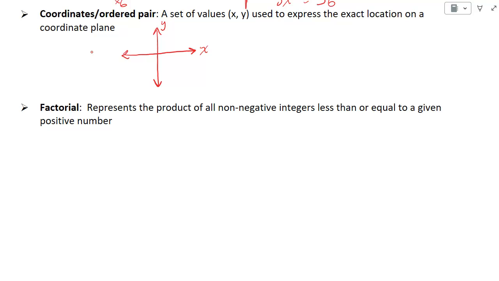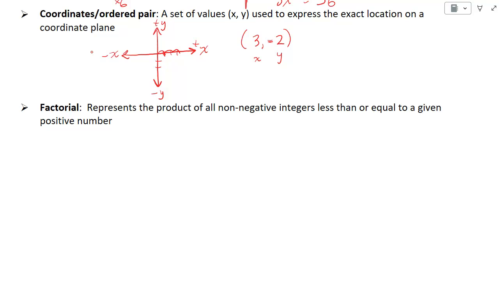Again, positive or negative will tell you if you're moving up or down. So it's all about direction here. So positive x and positive y are going to be right and up, respectively. A negative x value and a negative y value are going to be left and down, again, respectively. So if I wanted to plot the point 3, negative 2, well, the x value is positive 3, so I'm going to go 1, 2, 3 to the right of the origin, and the y value is negative 2, so I'm going to go 1, 2 down.